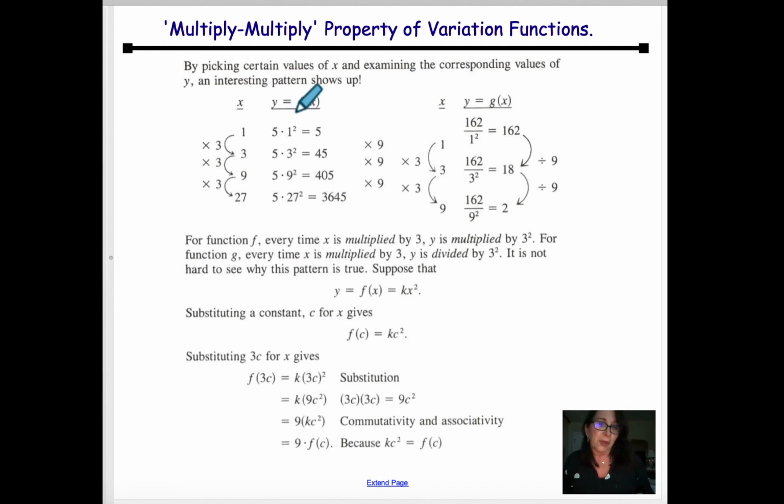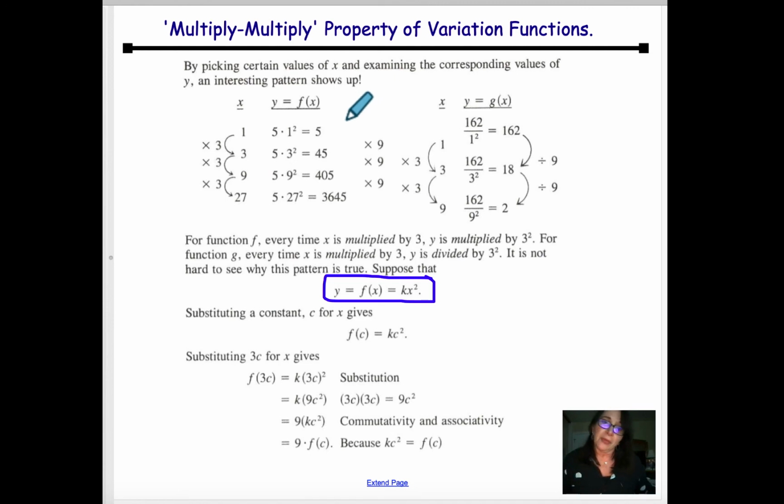So with the multiply property for this one right here, this is what they're talking about, it being a square. If 1 is multiplied by 3, so we start off with 1, we multiply by 3, we get 3. We multiply by 3, we get 9. We multiply by 3, we get 27.